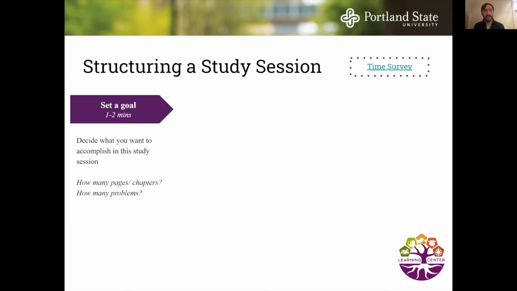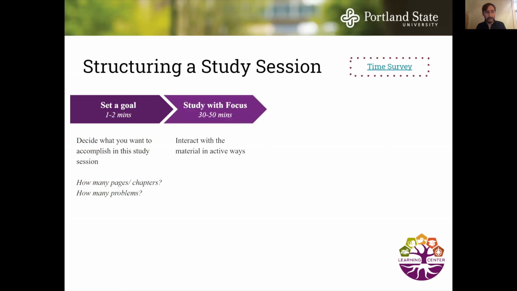As you're assessing your system right now, this is an idea you could think about for how to structure your study time. I know for me in the past, I would sit down, bear down, and try to push through some chapter or assignment, spending hours pushing through it and feeling rough by the end.